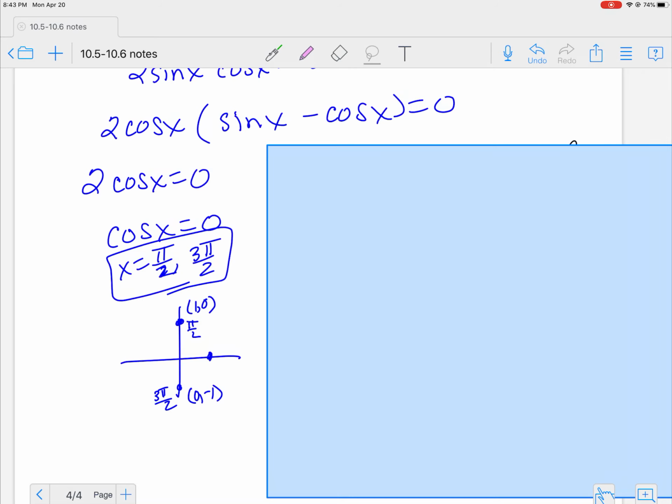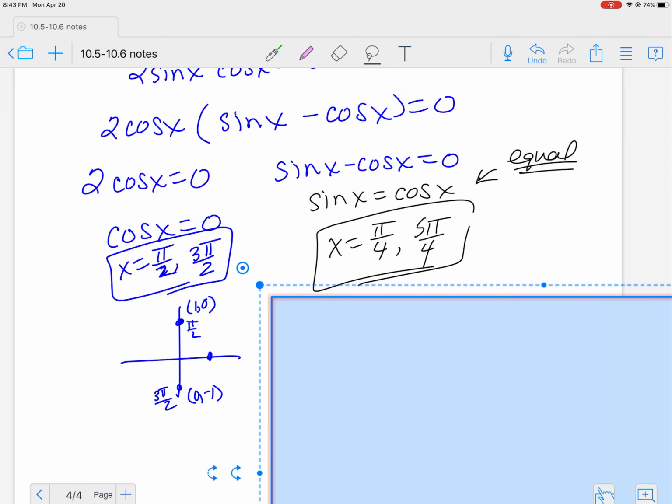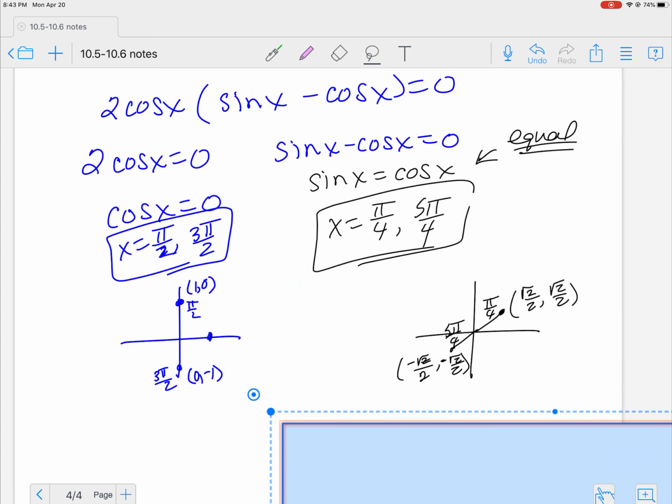But over here, people ask about this one all the time, which is why I wanted to do this extra example here. So when I have sine and cosine, I want to ask, where is sine equal to cosine? What value of x can I put in where my sine is equal to my cosine?